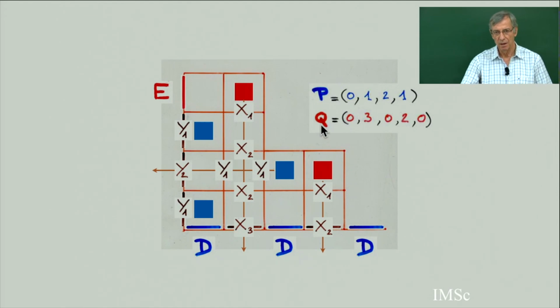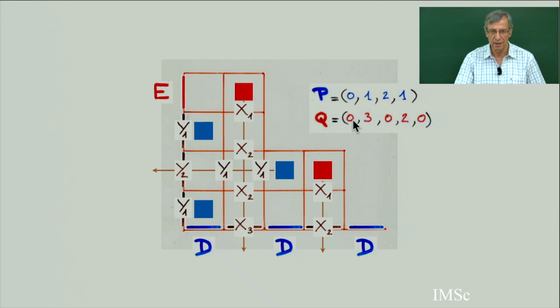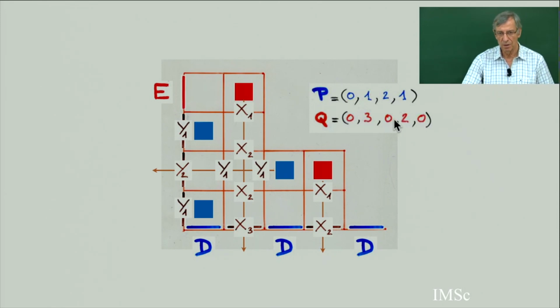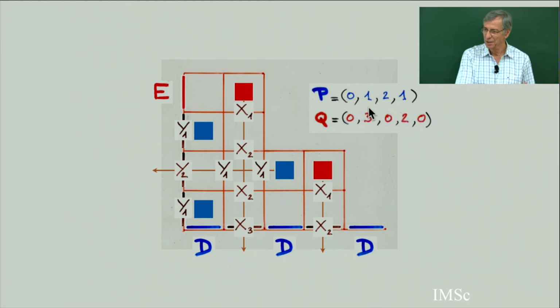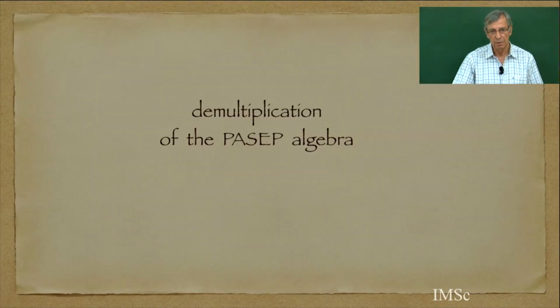So I encode this by the vector 0 each time there is a d, and the index of the x: 0, 3, 0, 2, 0. And I claim that this pair PQ is a coding of the alternative tableau. You can go back in the equation in the same way that you do a reverse quadratic algebra, going back, but each term on the right of the equation of this system of equations appears only once.